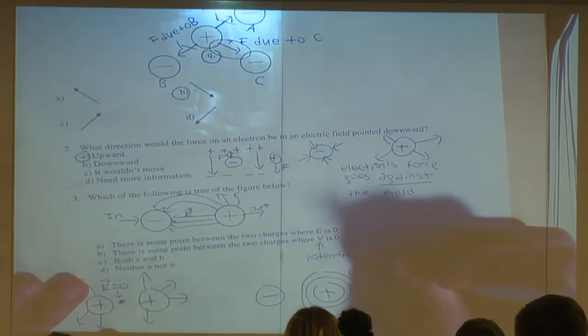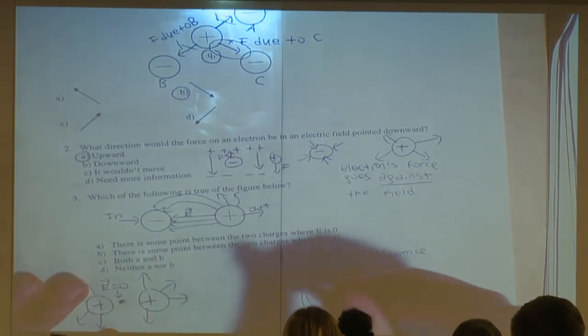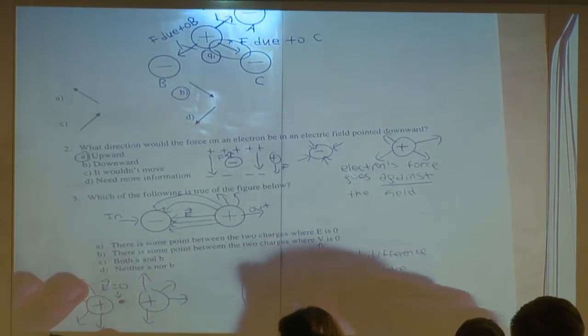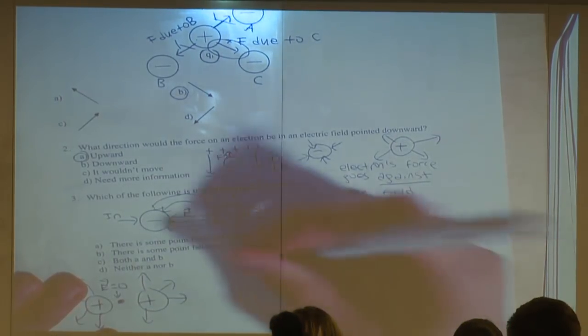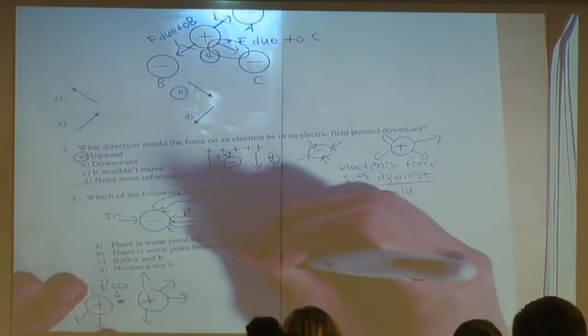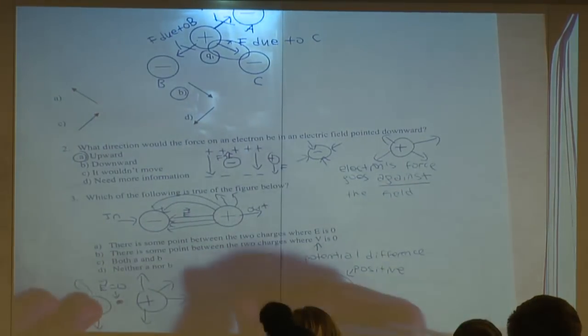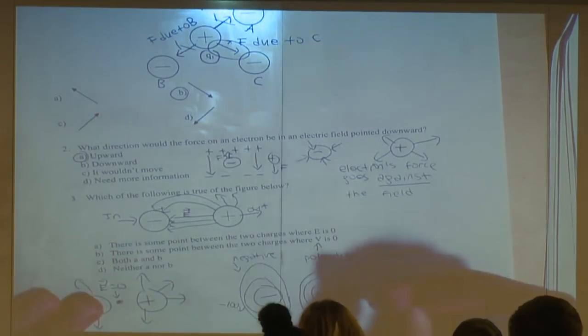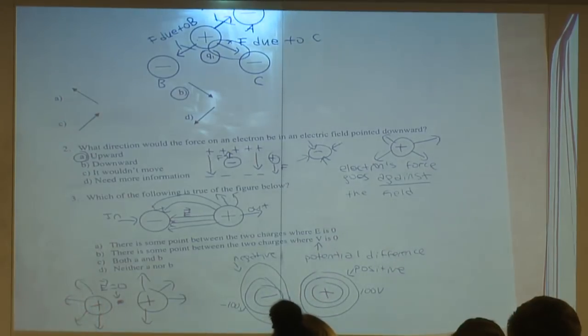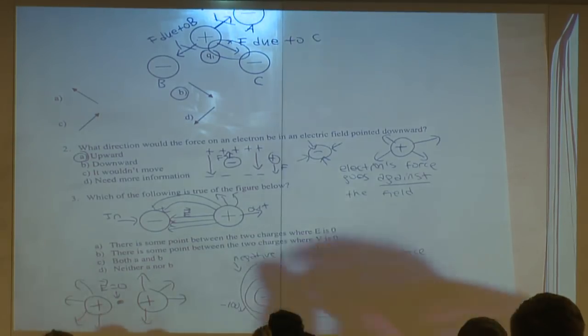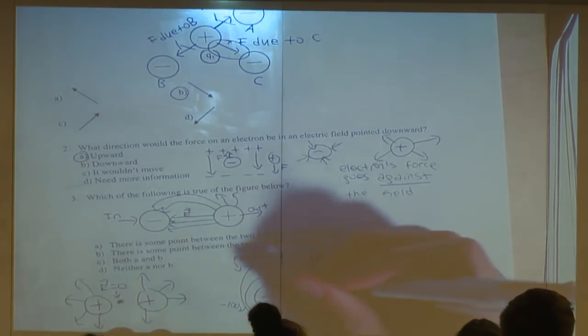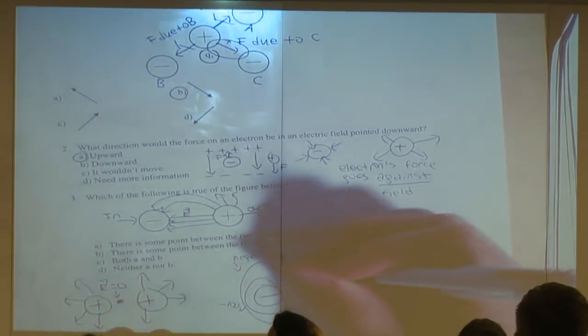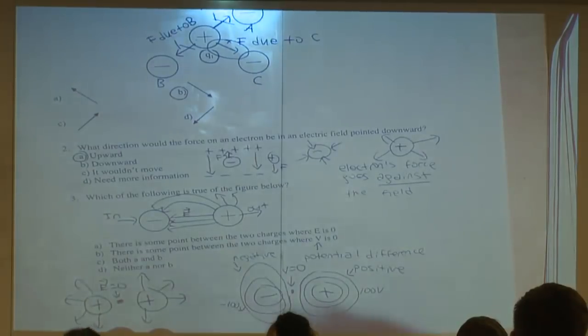And then around the negative, I know this is a horrible drawing, but these would be negative numbers. So you'd have negative 100 volts or something, and then 100 volts. So if you're going from negative to positive, there has to be some point where it hits 0, right? Because 0's in the middle of that. So right around here, that'd be where the V is 0. So the answer to this one would be B.